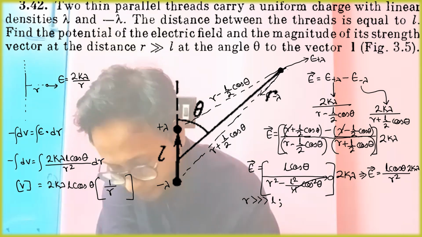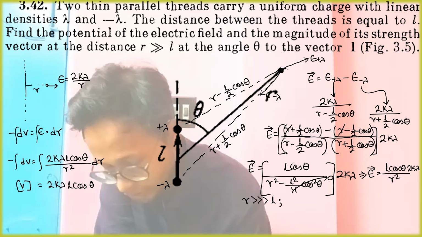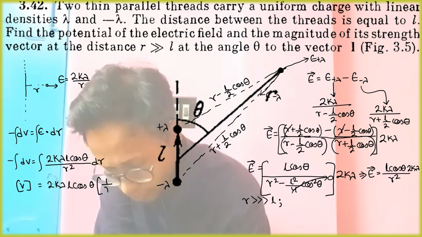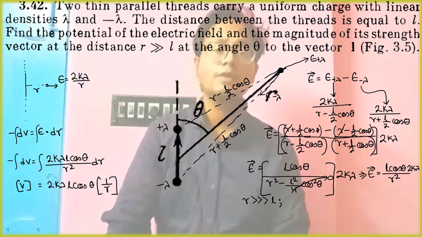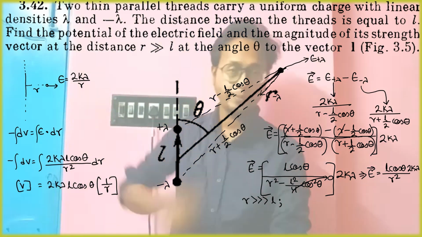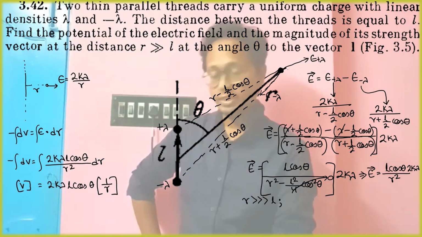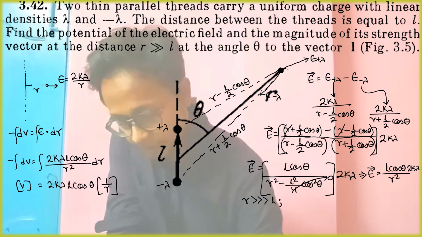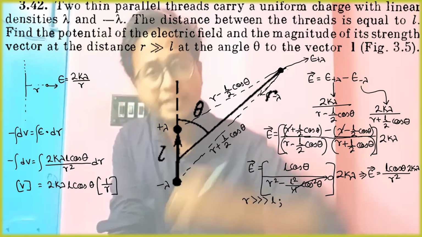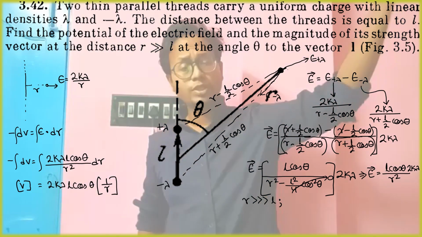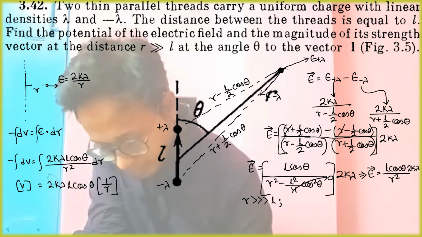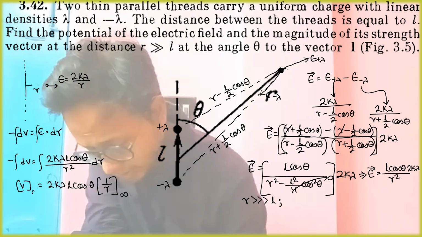Fair and fine. So the equation of potential comes out to be V is equal to 2kλL cos θ into 1 by R. Now we have to put the limits out here. If I see this line at infinity, at very far distance, what is the potential? Zero. So potential at infinity is equal to 0.